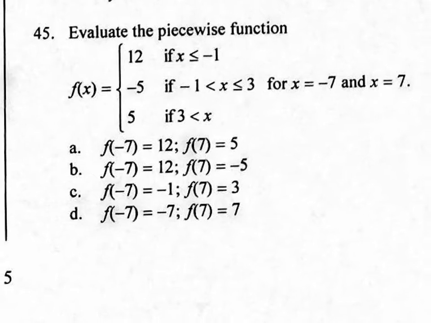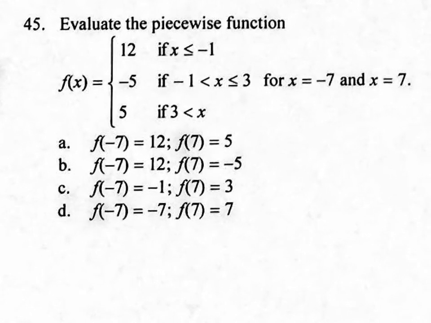Number 45, evaluating the piecewise function. This is one of the most recent things we've done. It's as simple as knowing where your input belongs, and that depends on the requisite that they give you. Right here it says, use 12 if your input is less than or equal to -1. Use -5 if your input is between -1 and 3.